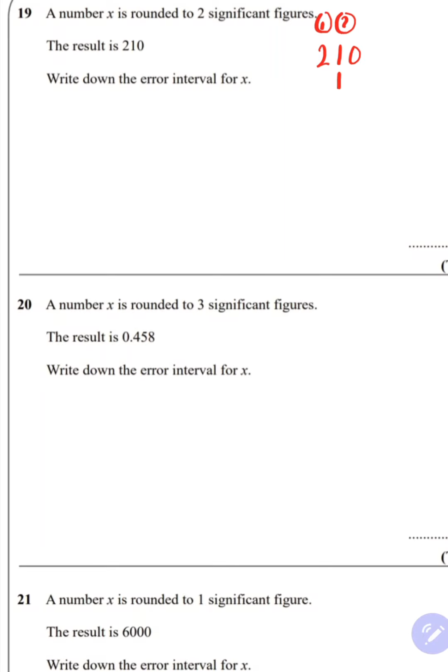So we're looking at this value here, looking at tens, so we'll take a 10. We'll divide it by 2. We get 5. So to work out the upper bound, we do 210 plus 5, and for the lower bound, we do 210 minus 5.